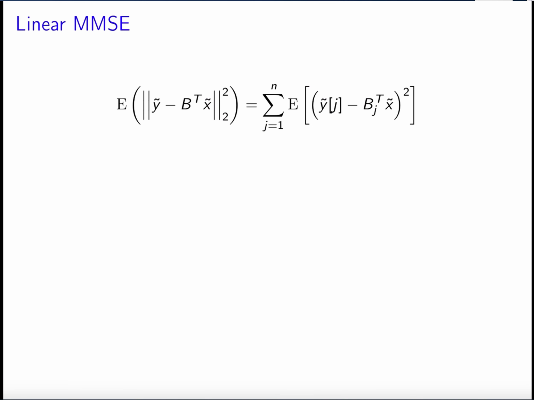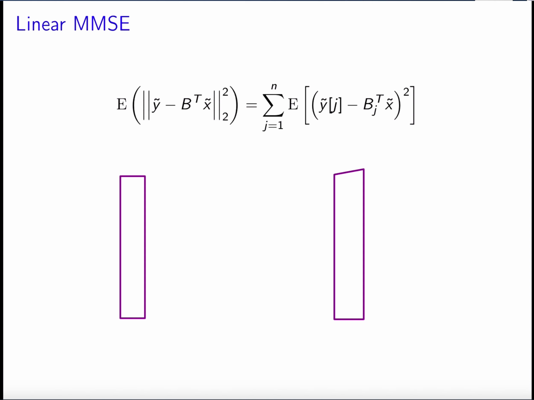Okay, so I want to draw a picture to make it clear. So we have y and we have x. If I manage to draw a rectangle, let's imagine that the two rectangles have the same size.